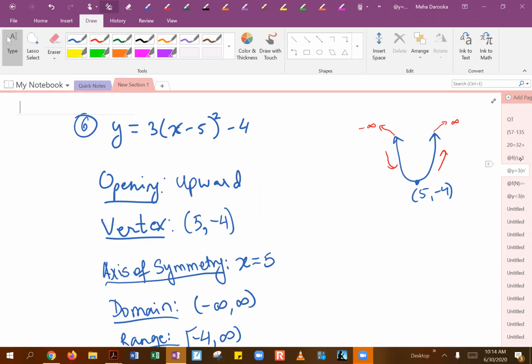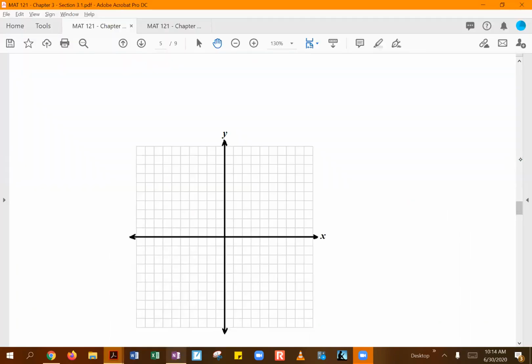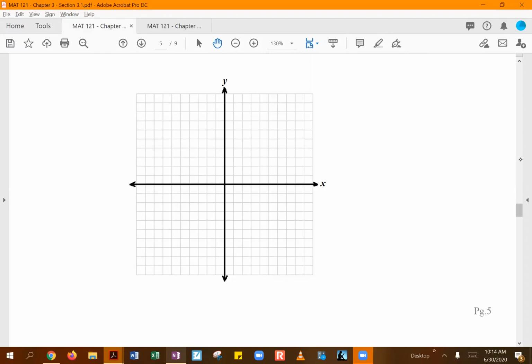We know this is a parabola opening upwards. We know the vertex is at (5, -4). So you can actually start at that point to graph this function. So that means we're going out 5 units to the right, 4 units down. So this is where the vertex of our parabola is going to be.